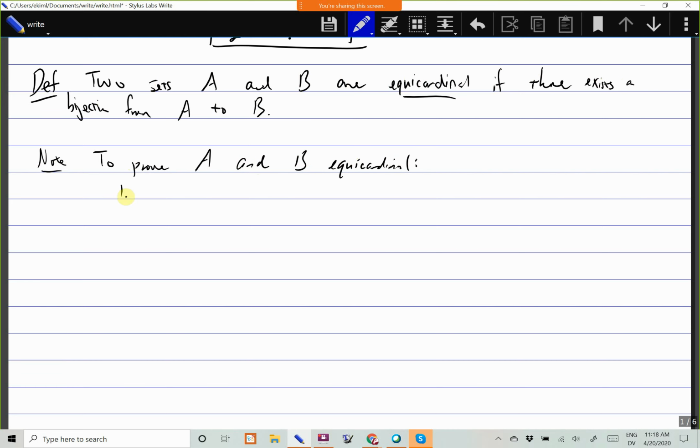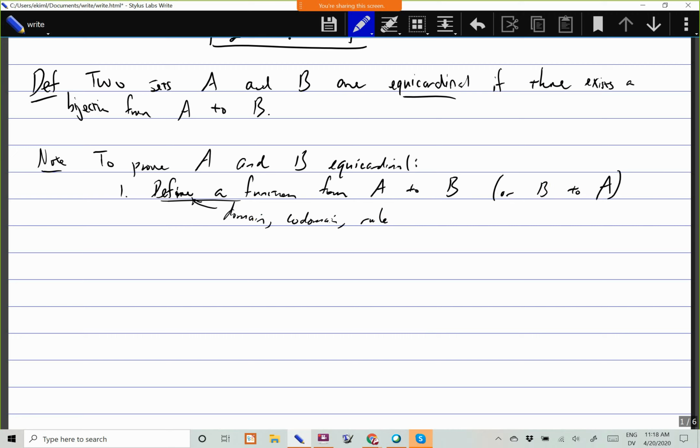you need to, step one, define a function from A to B. It'll turn out that if you instead want to define a function from B to A, that's going to work too. But by define a function, it's the usual thing: you need to provide a domain, a codomain, and a rule.